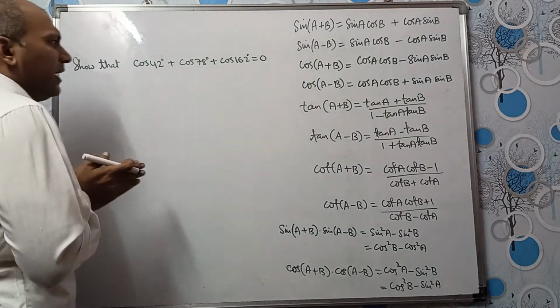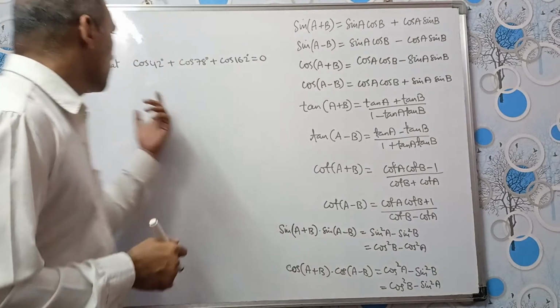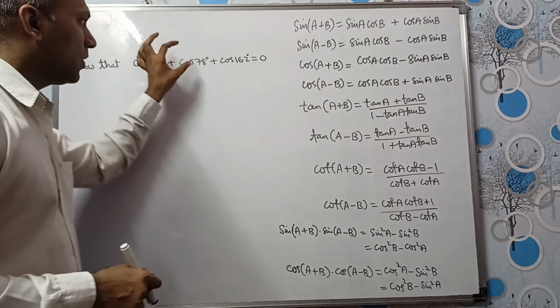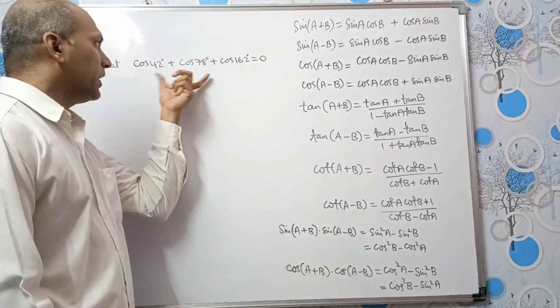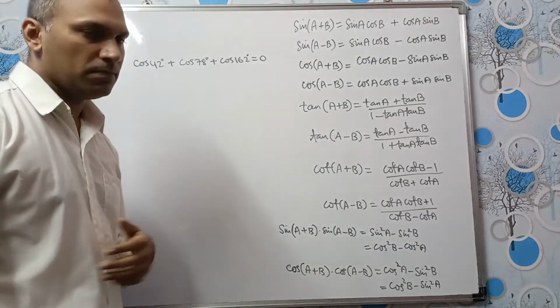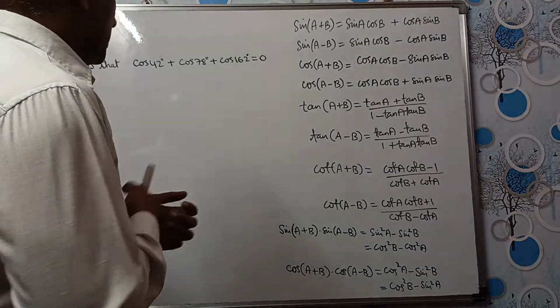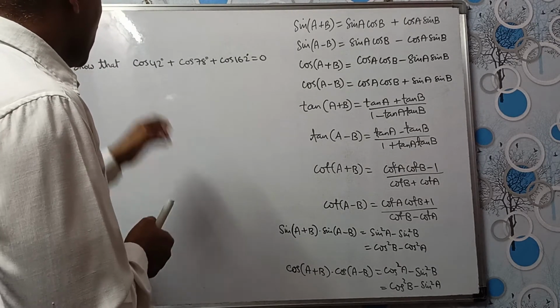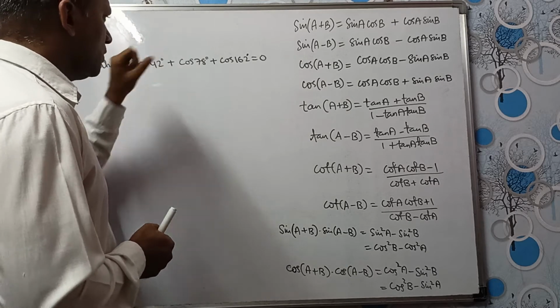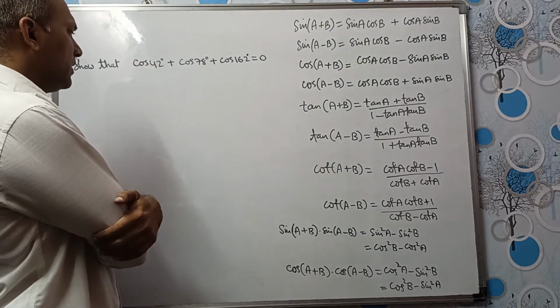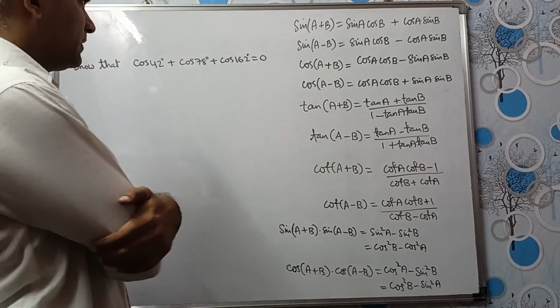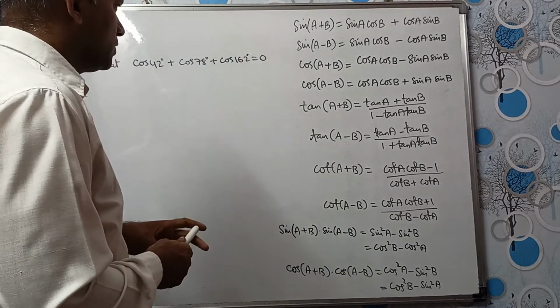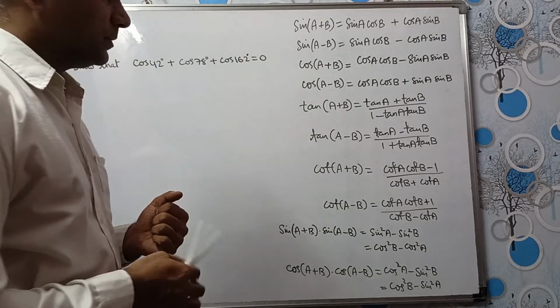Okay. We have a very interesting and confusing problem here. Show that cos 42 plus cos 78 plus cos 162, the addition of these three, is equal to 0. Okay, what should we do now? See, cos 42, cos 78, cos 162, how can we write these and get 0?